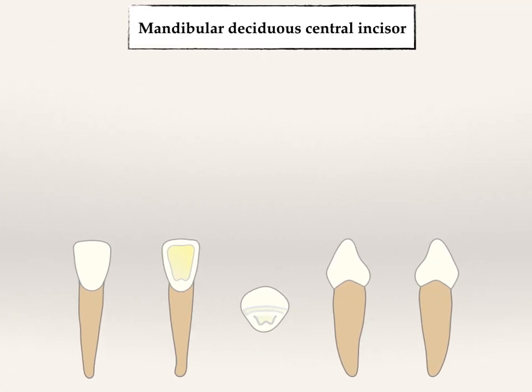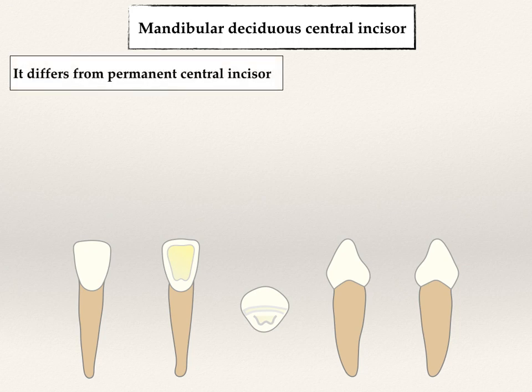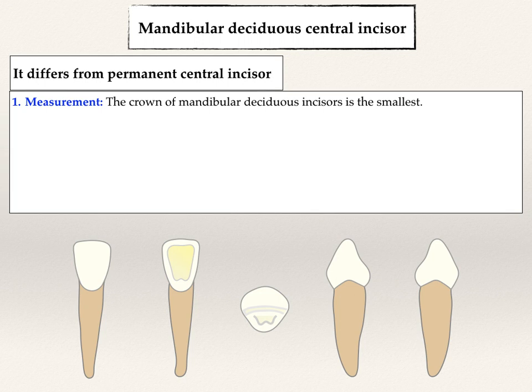Mandibular deciduous central incisors. They differ from permanent central incisors by the following. كلام أعتقد إنه هيبقى متكرر بقى لأن إحنا قلناه في بداية المحاضرة وقلنا في maxillary central incisor. Measurement: the crown of the mandibular central incisor is the smallest in the whole oral cavity.